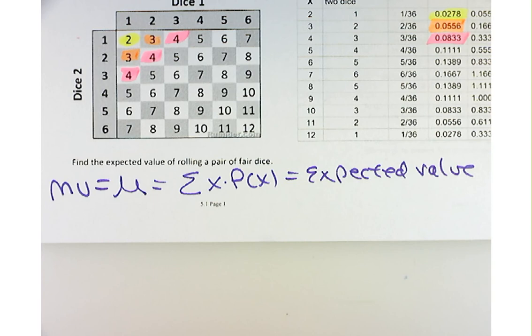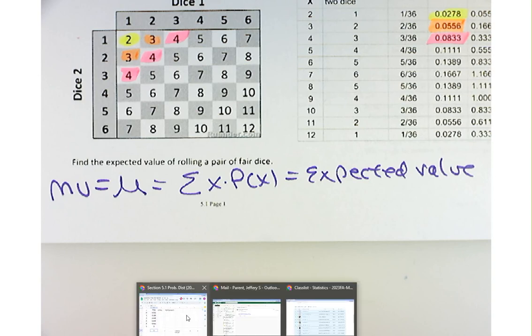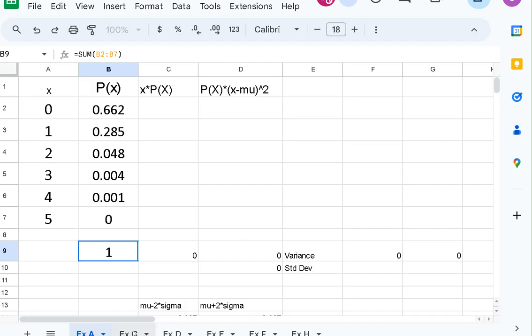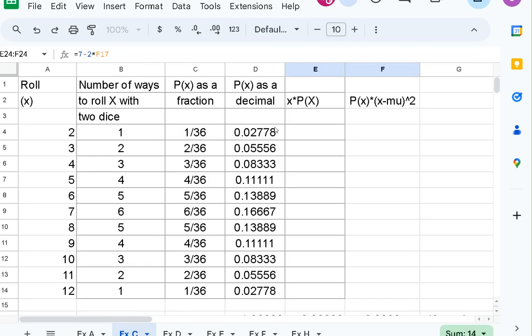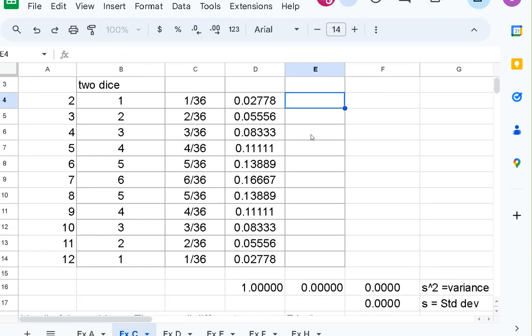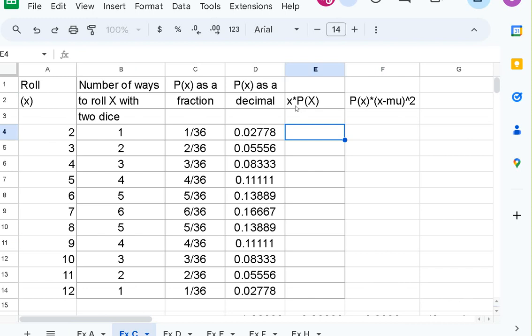That's a good question. So, let's do that for this set of data. Click over to example C here. In column E, I want to calculate x times p of x and see what I get.